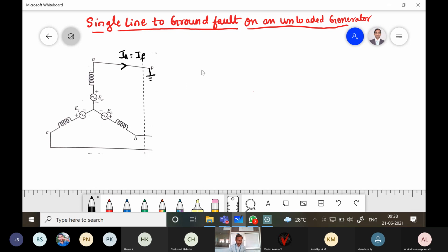This is the fault current, and IB is flowing here, and IC will be flowing here. And the neutral impedance Zn is also connected here.